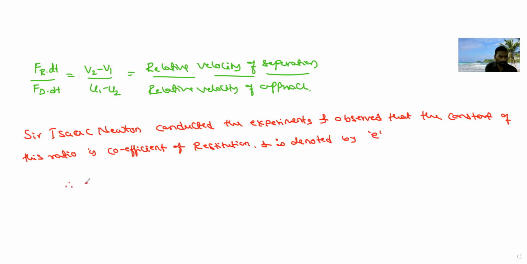Therefore, e is equal to Fr dt divided by Fd dt, that is equal to V2 minus V1 divided by U1 minus U2.